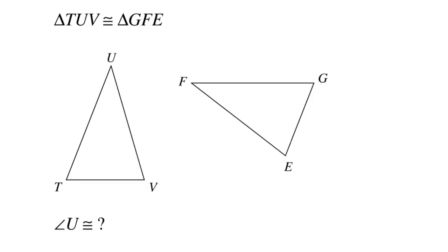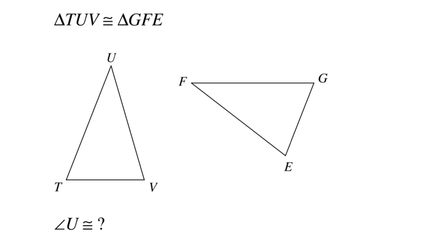Just to give one more example here, we do not have any lines for the angles or anything like that here, but we do have TUV is congruent to GFE. So if TUV, GFE, so T and G, because they're the very first letters on each, these would be the same.